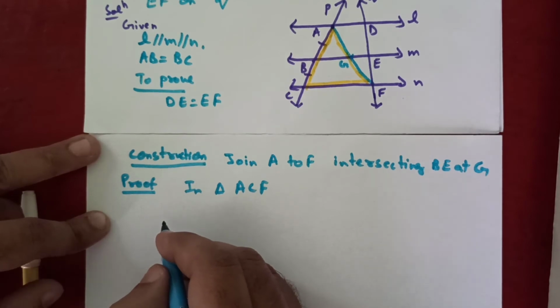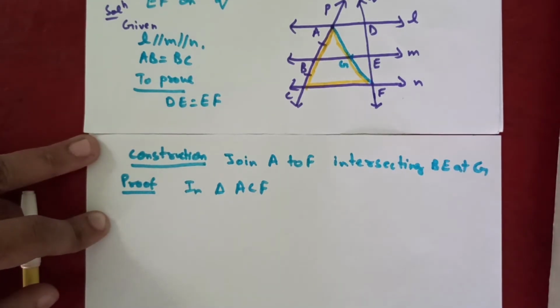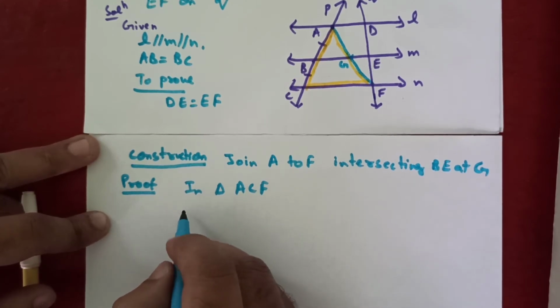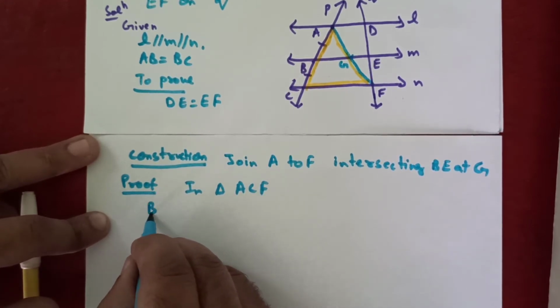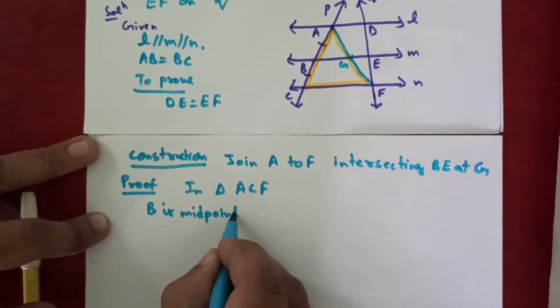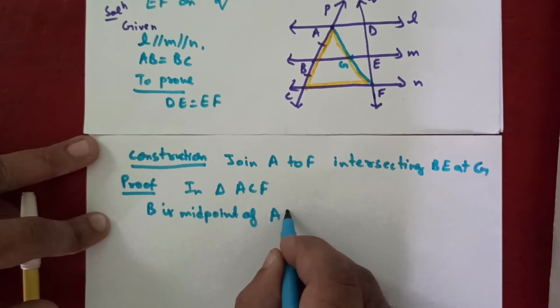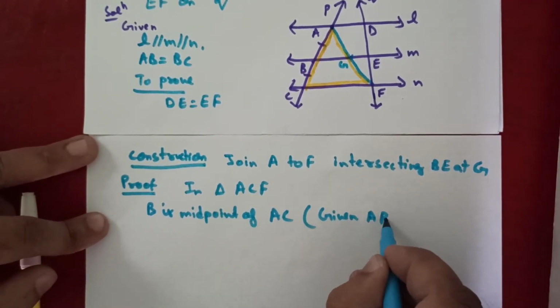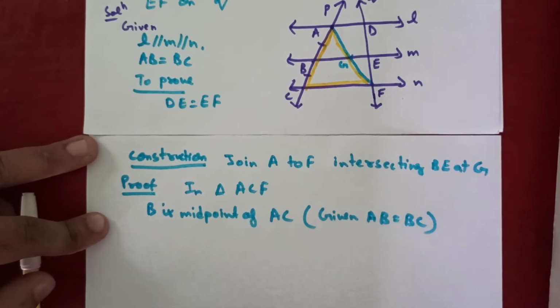In the triangle ACF we can see that since given AB is equal to BC, we can say that B is the midpoint of AC, since it is given that AB is equal to BC. Therefore, B is the midpoint of AC.